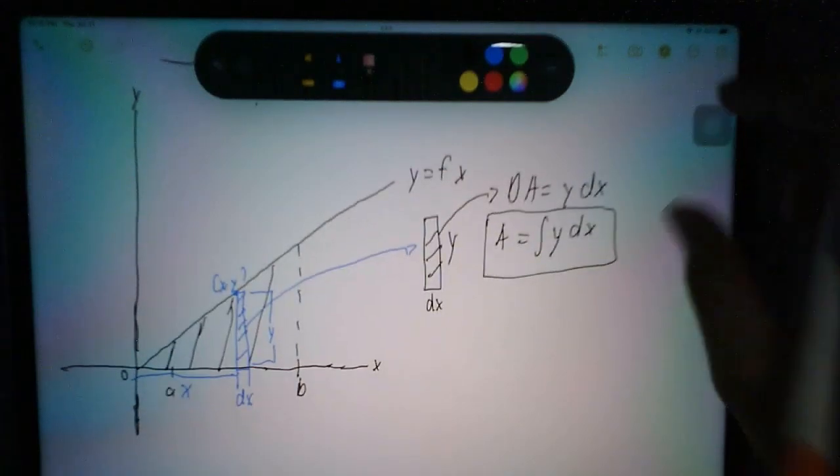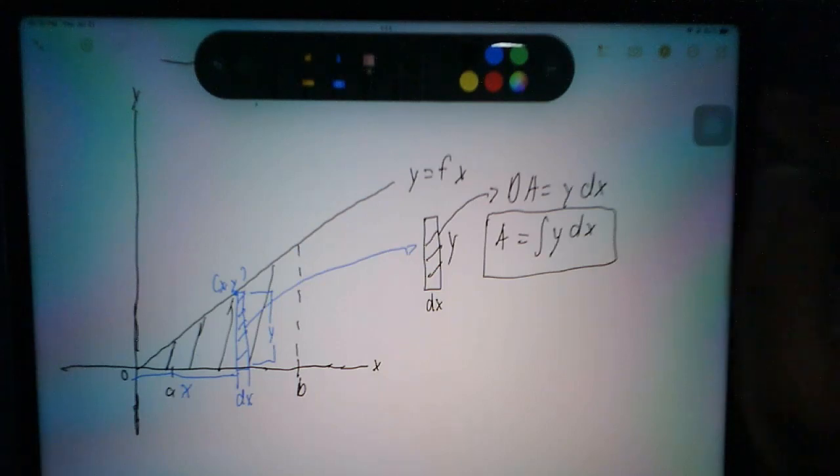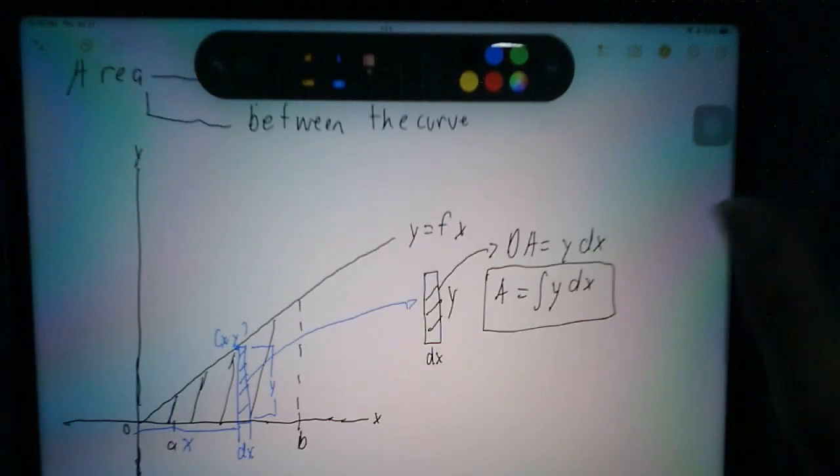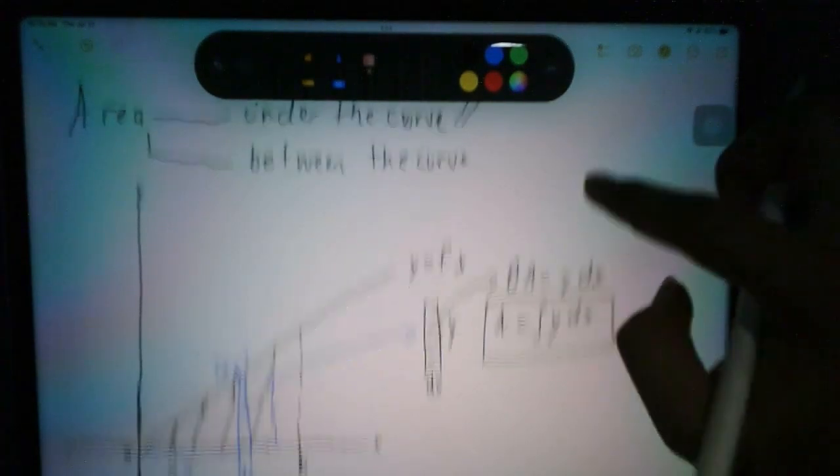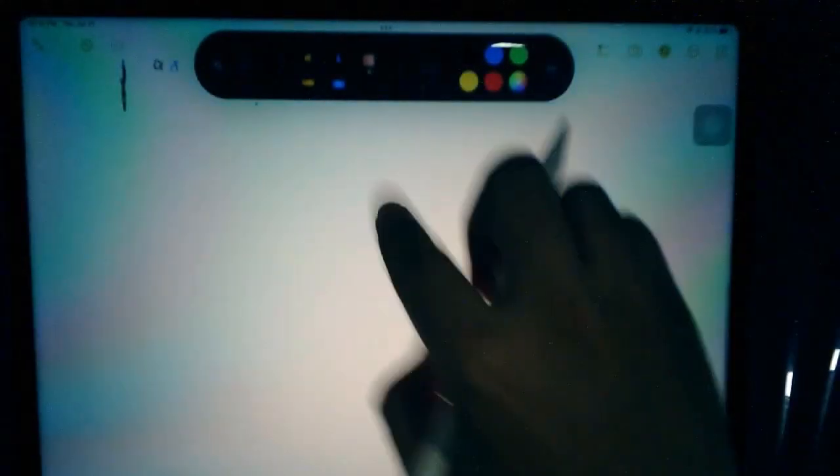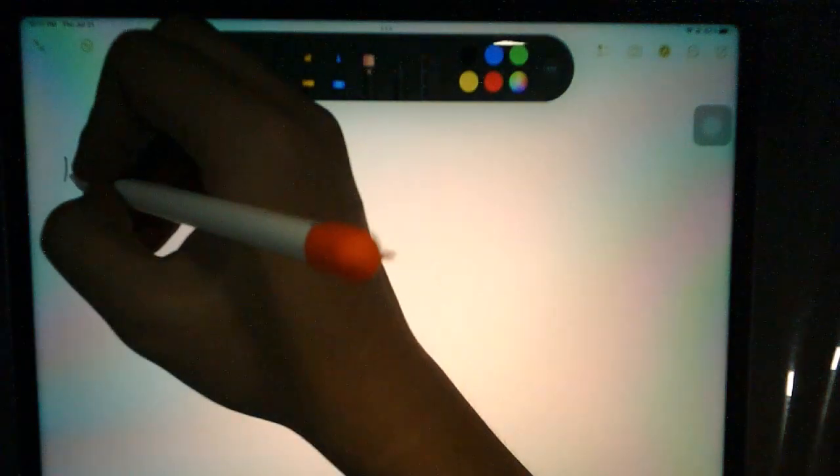Again guys, let me remind you, do not memorize the formula, just familiarize yourself with it. Now we're going to have our first example.